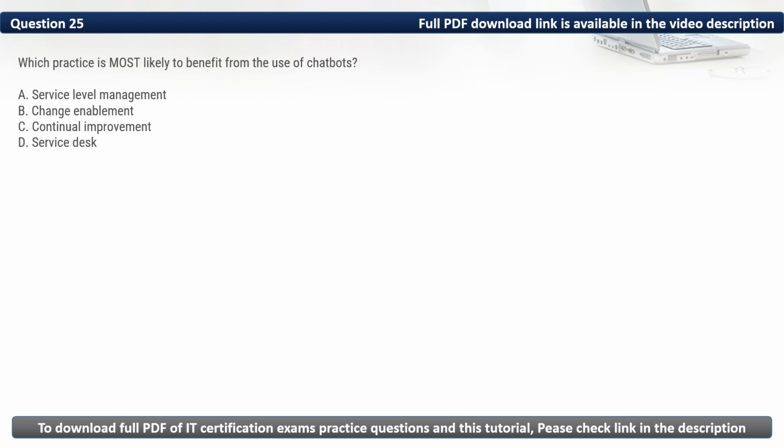Which practice is most likely to benefit from the use of chatbots? Service desk is the practice that is most likely to benefit from the use of chatbots. Thus, the correct option is D.